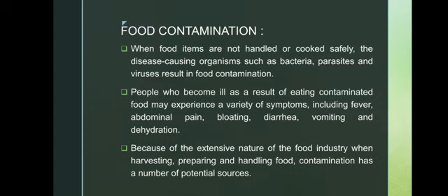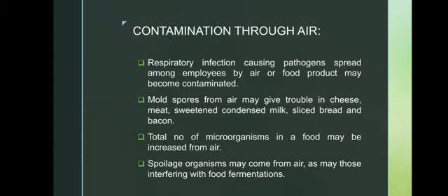So let's talk about contamination through air. Mostly respiratory disease causing pathogens are spread by air, and from air they can contaminate the food. If an employee is infected by a respiratory infection causing pathogen, he or she might talk to another employee, or cough, sneeze, or do something like that.